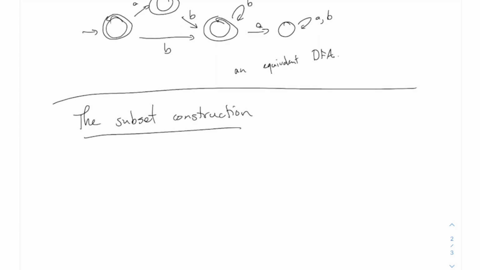The subset construction: remember the setup is we're going to start with the NFA and try to convert it into a DFA. Each state in our DFA will be a subset of states from the NFA.